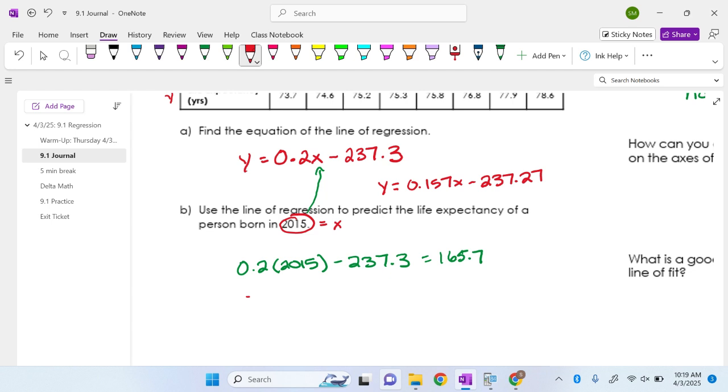It's the same values that you already found. I just rounded them differently. Let's see if that changes the answer. So 0.157 times 2015 minus 237.27.